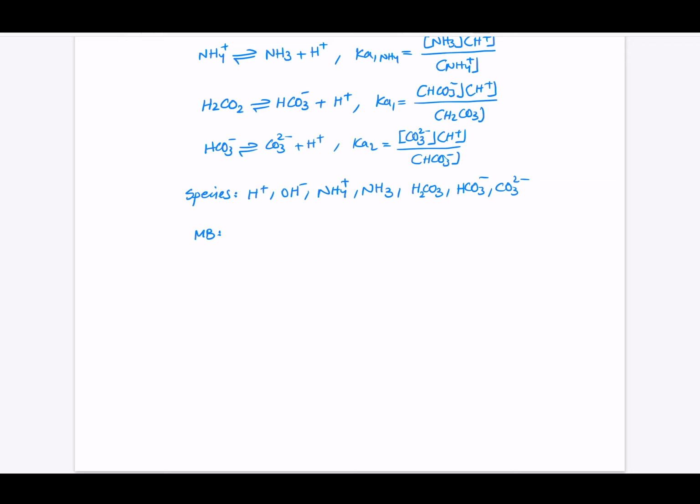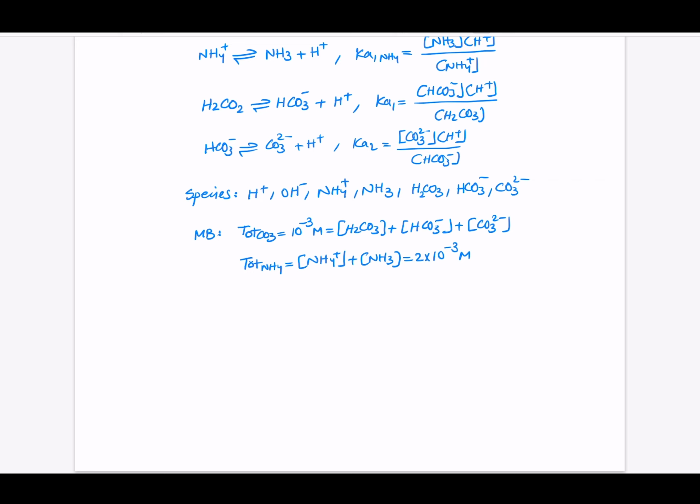The mass balance of total carbonate, which was 10 to the minus 3 molar, would be all the species that contain carbonate, H2CO3, HCO3 minus plus CO3 2 minus. And then the total of ammonium would be ammonium plus ammonia, which would be 2 times 10 to the minus 3.